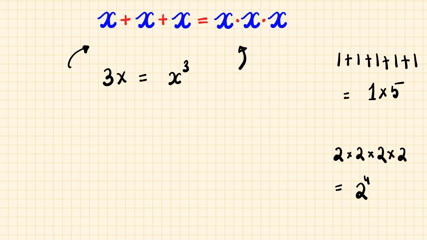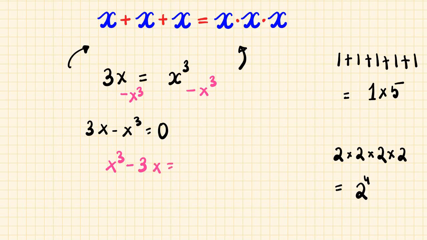So let's take this to the other side. 3x minus x cube is equal to 0, right? Let's take negative common, so x cube minus 3x is equal to 0, right?